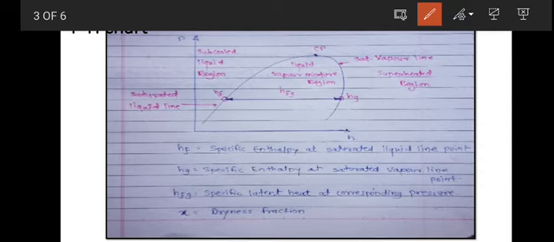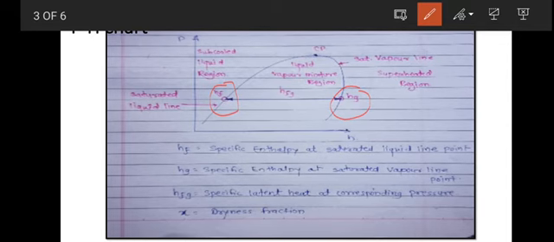The point on the saturated liquid line is indicated as hf, that means enthalpy at the liquid point. The point on the saturated vapor line is indicated as hg; g means gas, so it is the enthalpy at the gas point, that means the dry saturated point or saturated vapor point.